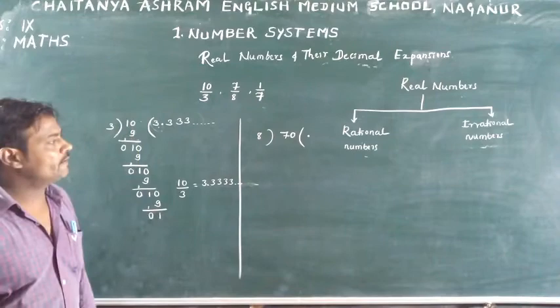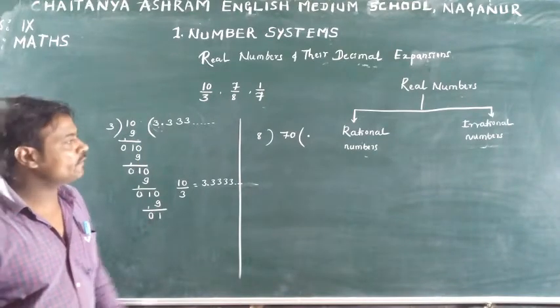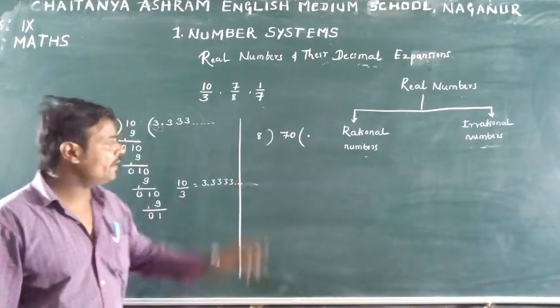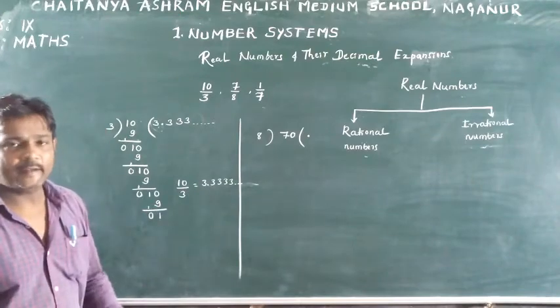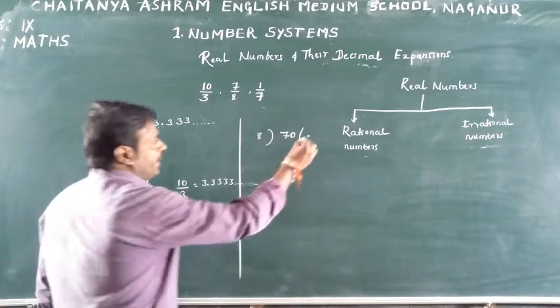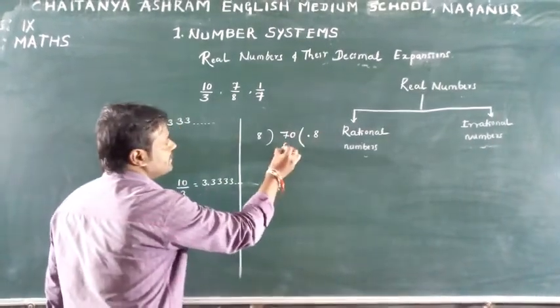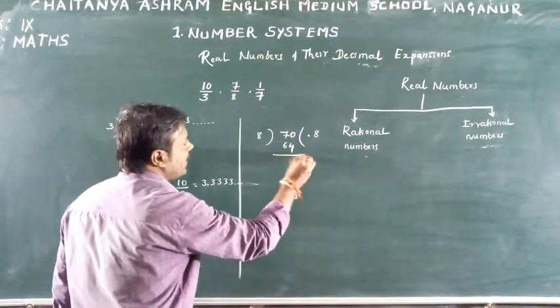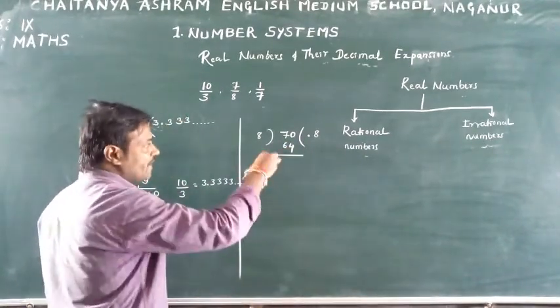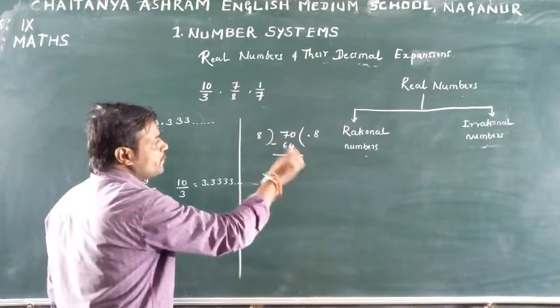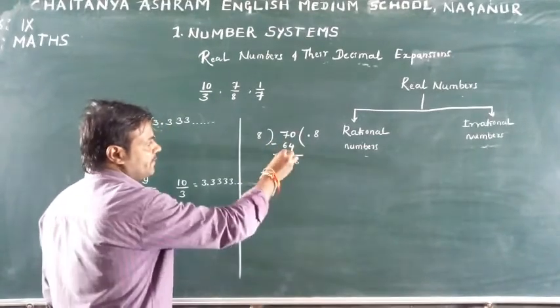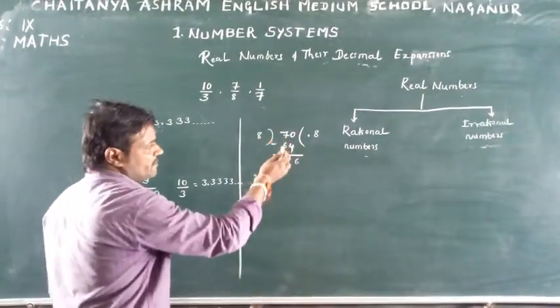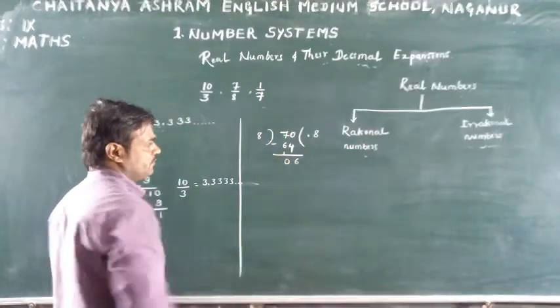Which is near to 70 in the 8 table? 8 eights are 64. Subtract: 0 minus 4, 6; 7 minus 7 is 0.